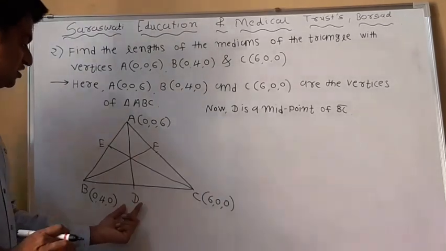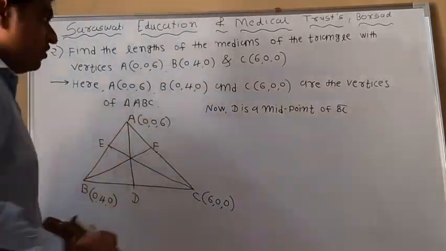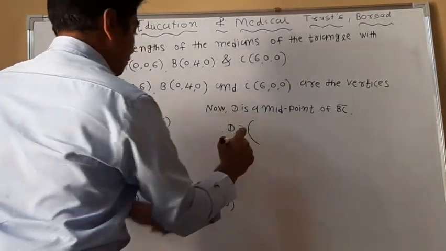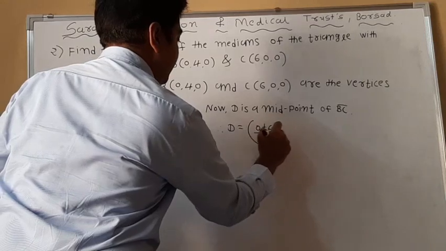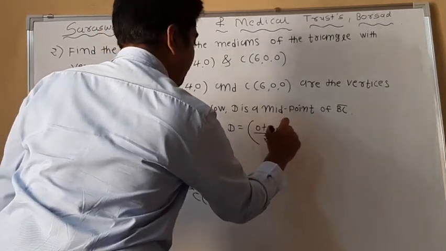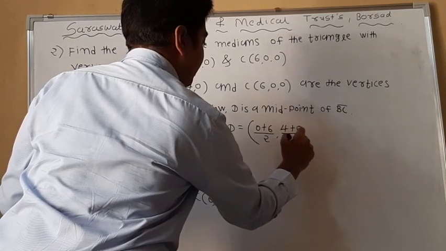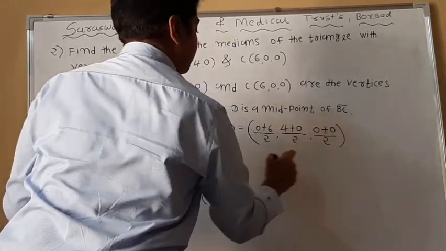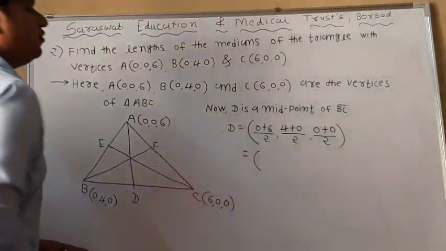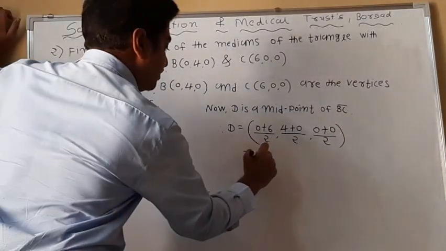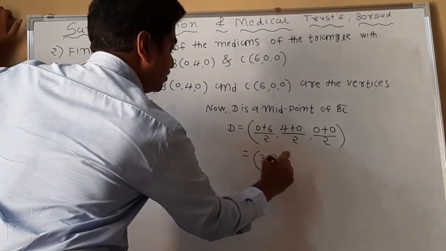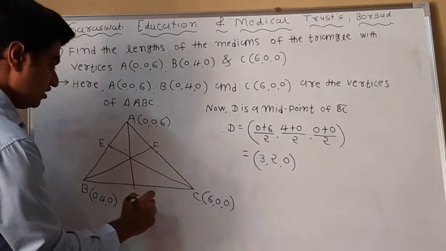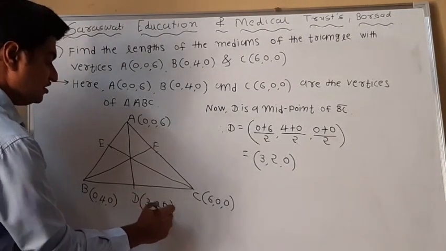So using this, find out the coordinate of D. D is equal to 0 plus 6 divided by 2, 4 plus 0 divided by 2, comma 0 plus 0 divided by 2. So that is equal to 3, comma 2, comma 0. Now here written 3, comma 2, comma 0.